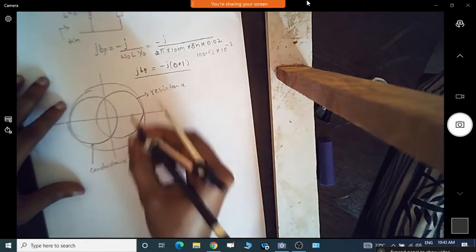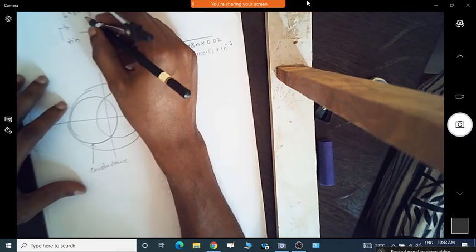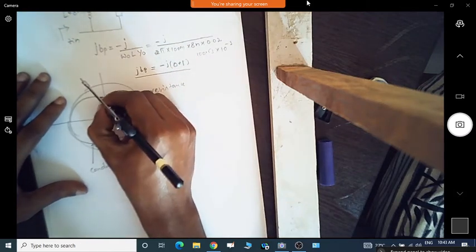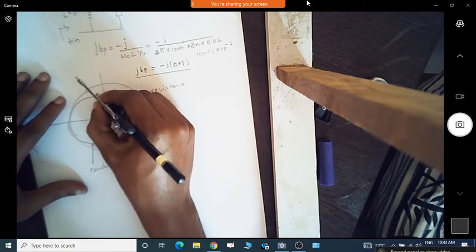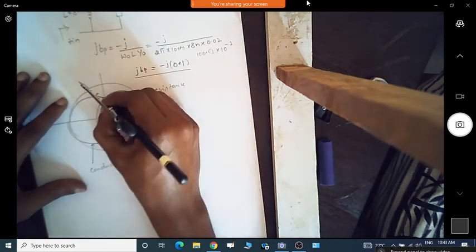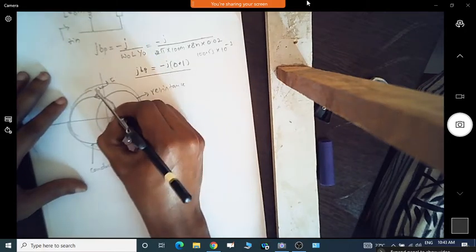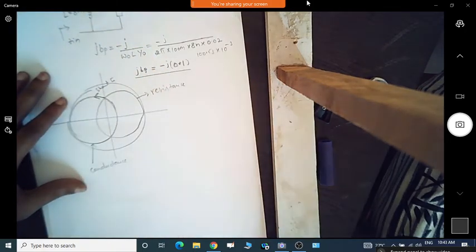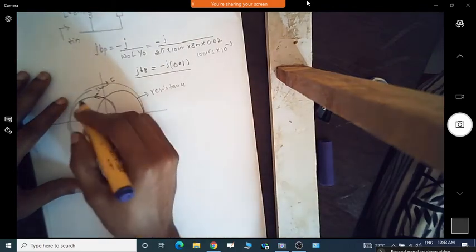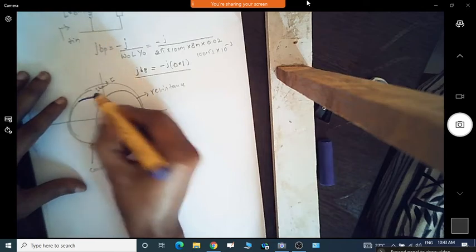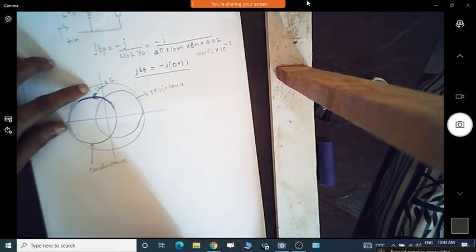Okay, so whenever we have the shunt inductor, you have to move on the conductance circle upwards. So this is always for shunt L. You have to move on the conductance circle to the upper side in order to add the reactance of the shunt inductor.